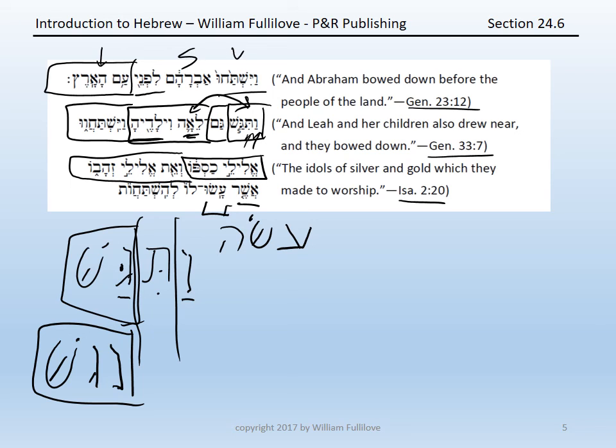Lo, for himself. Lehishtahavot. Lamed, the preposition, for or to, and then hishtahavot, a hishtafel infinitive construct, to worship. So the idols of silver and gold, which they made for themselves to worship.